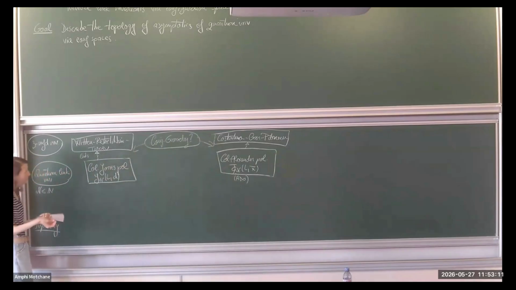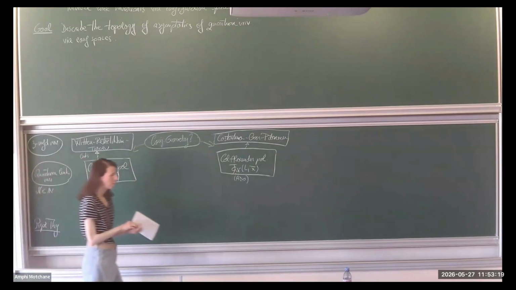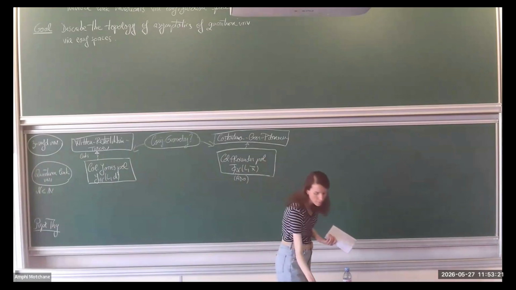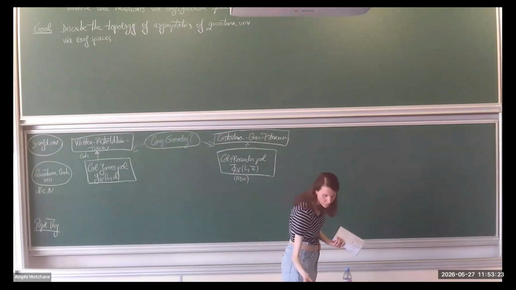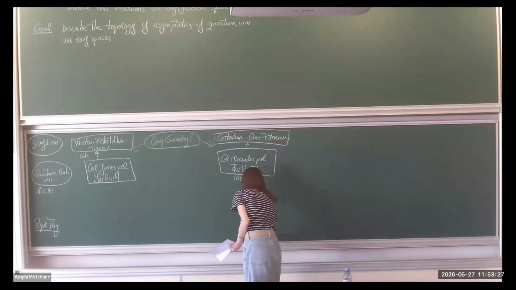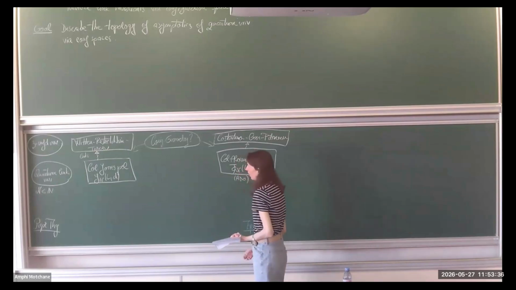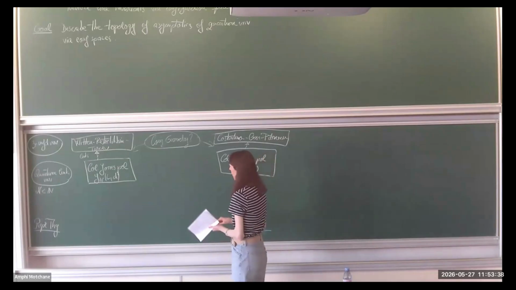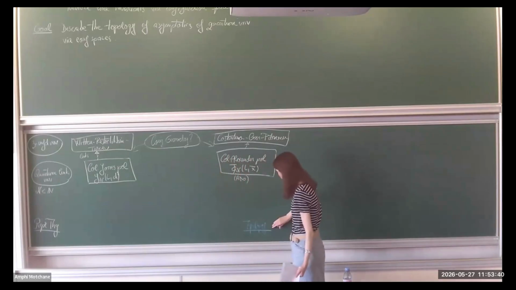And somehow motivated from this conjectural geometry, what I would like is to try to understand these invariants from topological perspectives. So here I would like to use topological tools.